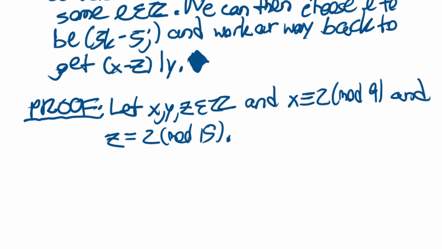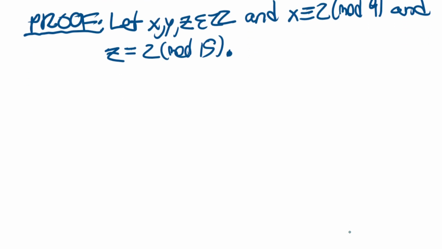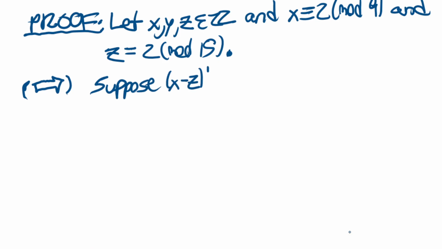So for writing out a biconditional, it can be useful in your proof to draw a little implication arrow, to show which direction you're starting to work out first. So we'll go from the left side to the right side. So let's suppose x minus z divides y.